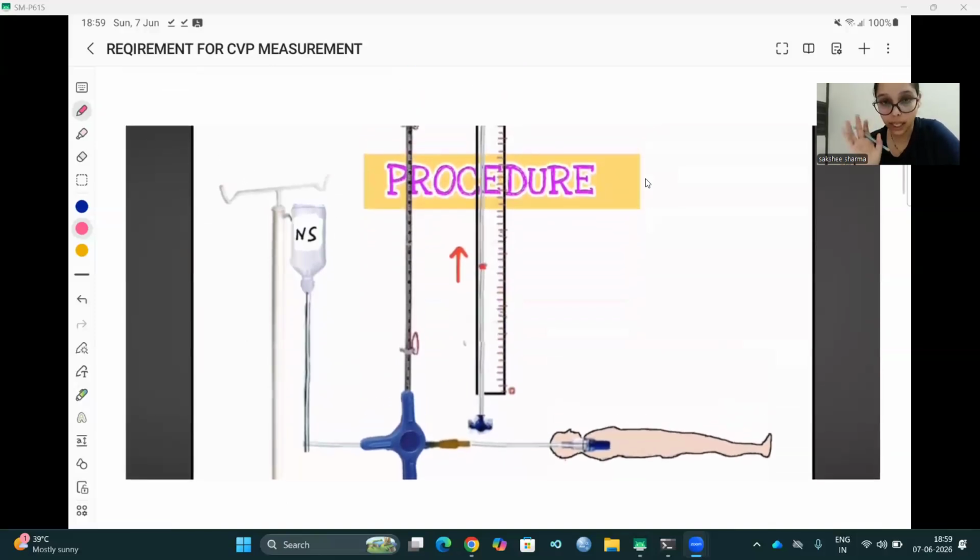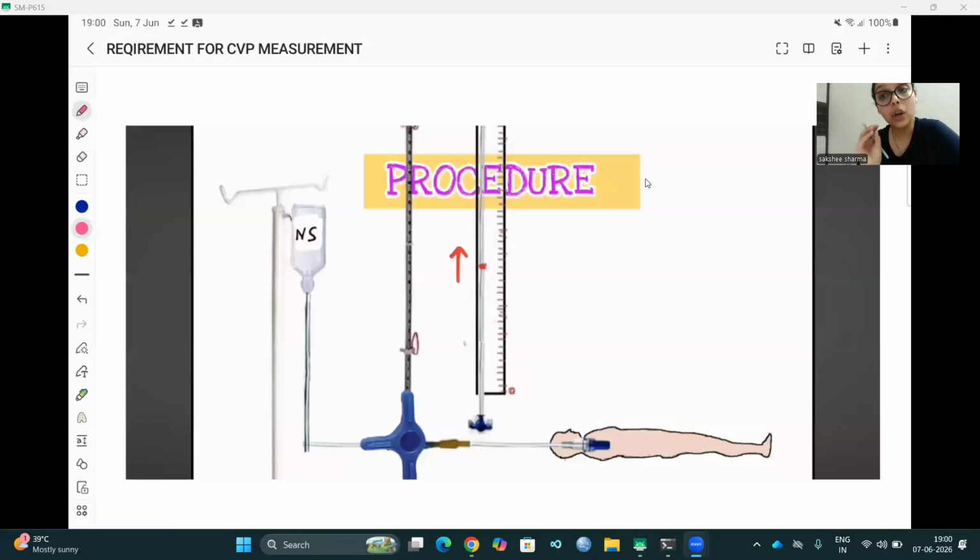Manometer is nothing but a scale, in which the NS goes upward. The red dot will also move upward, right? Now, when 20 centimeter is done, you have to stop it.